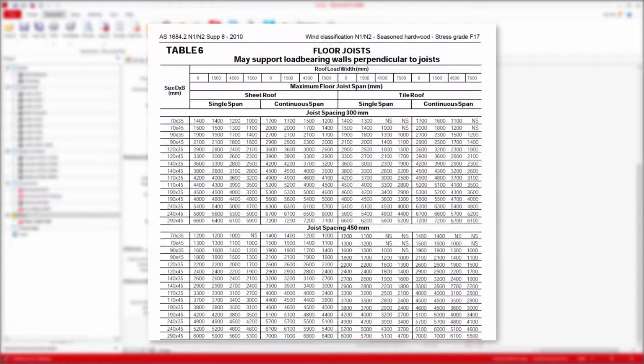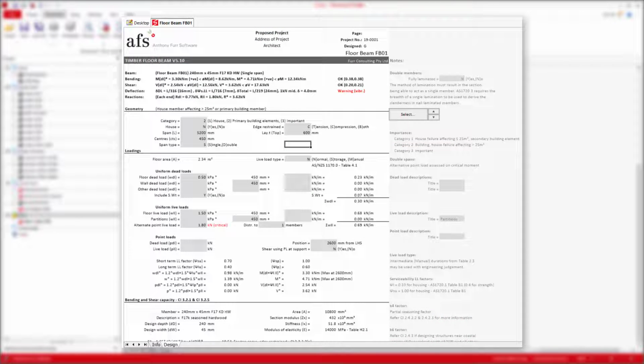As an example, the AS 1684.2 supplements allow a 240 by 45 F17 hardwood floor joist at 450 centres to span up to 5.2 metres. At this span, a 1 kilonewton point load results in a deflection of 4 millimeters, suggesting a sharing factor of around 2.